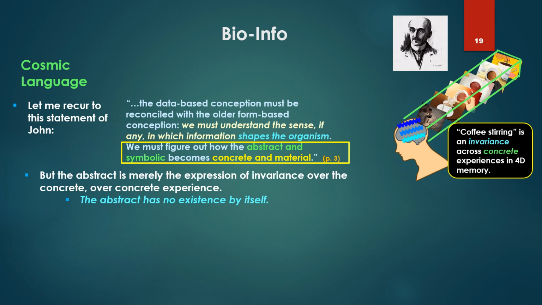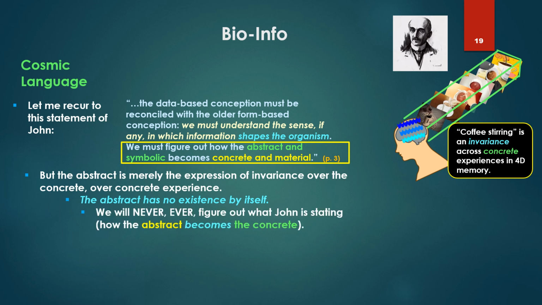Coffee stirring is an abstraction. It is an invariance across the concrete experiences of coffee stirring in a memory model, in 4D memory. The abstract has no existence by itself. We will never, ever figure out what John is stating, that is, how the abstract becomes the concrete, because the abstract does not exist by itself beyond, over and above the concrete.